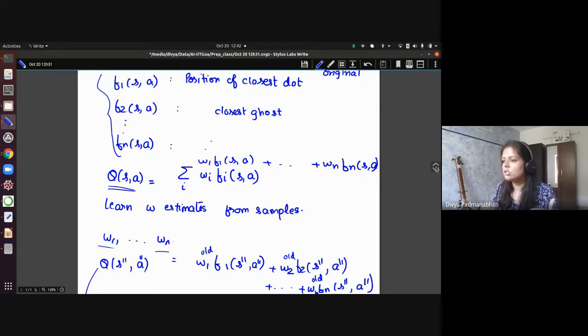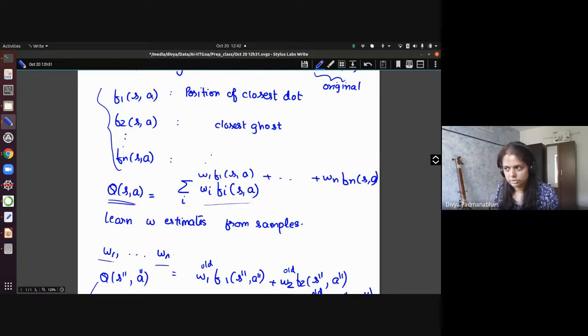Another thing I want to tell you is that this particular function, this linear combination of these features, is actually called a linear Q function. It's a simpler form. It's a linear Q function because it's a linear combination of these features. But you can use even more complicated functions here. You can use a polynomial, for instance, practically anything.